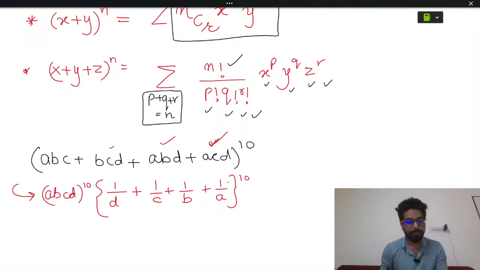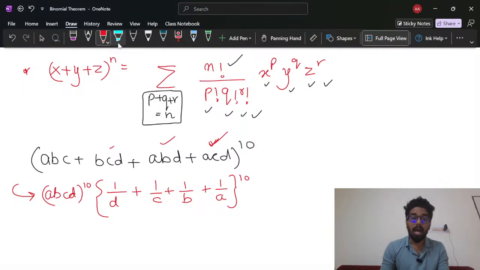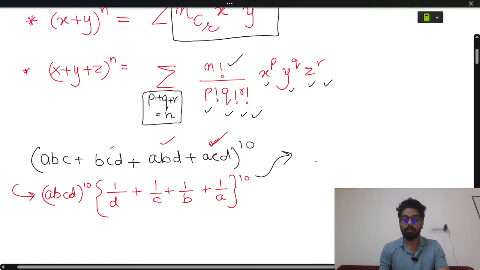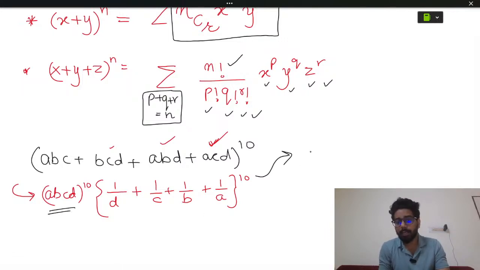Whole power 10. Now what after this? After this, I am going to write down the general term. Now what will be the general term of this? Obviously this part is now constant. It's already expanded. Now, what we will expand is the terms in the summation which have the power.